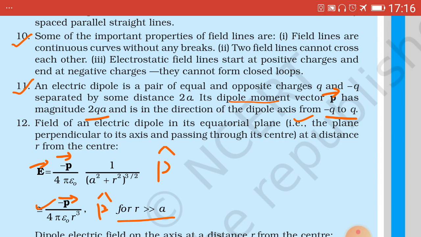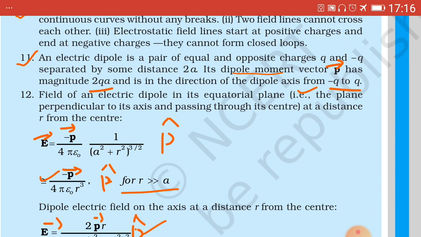Its direction will be always from minus q to plus q, and its unit will be Coulomb meter. You can take it down besides. That is capital C hyphen small m.